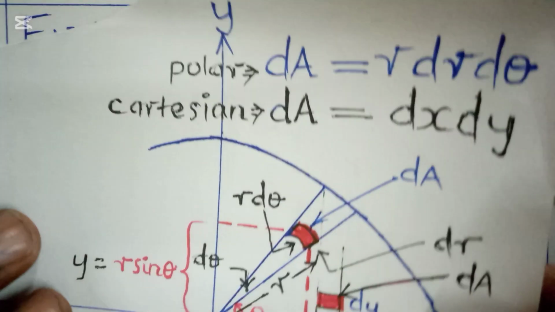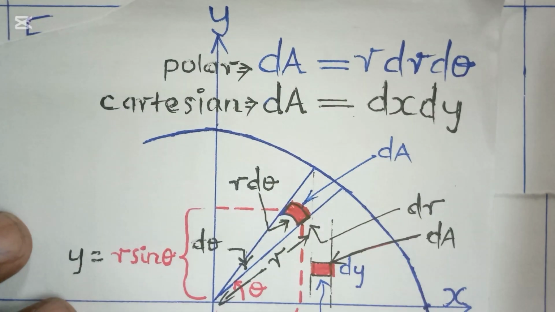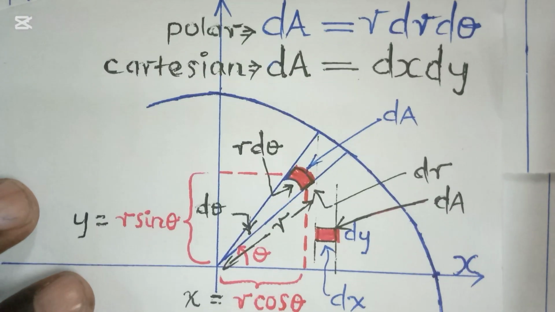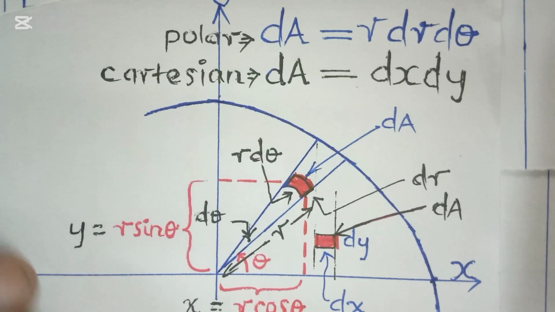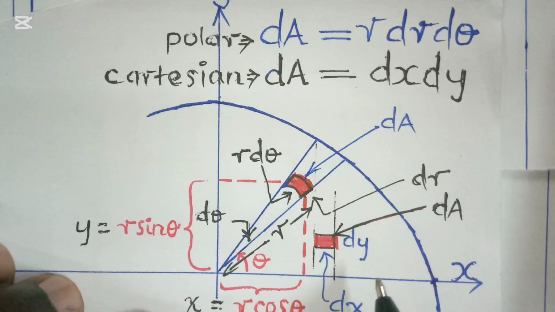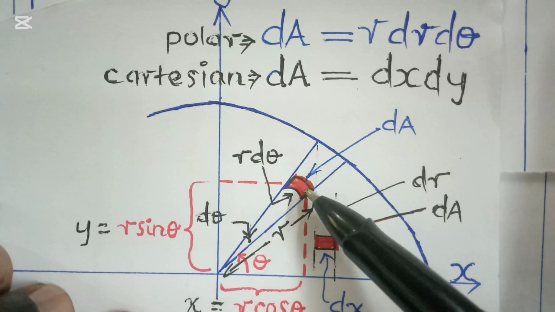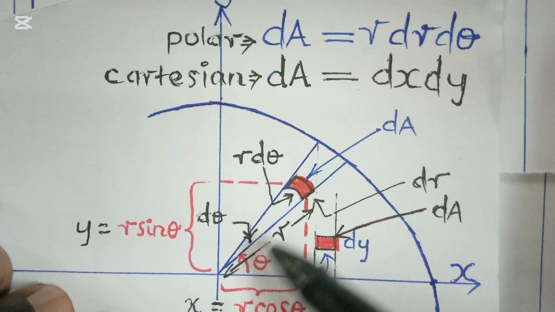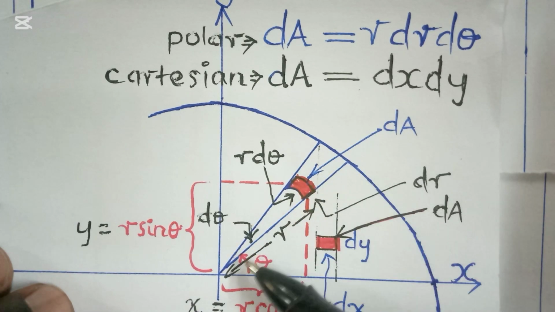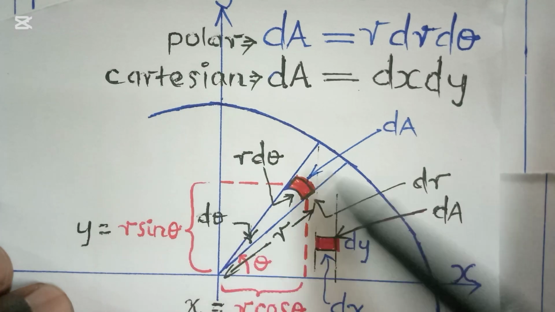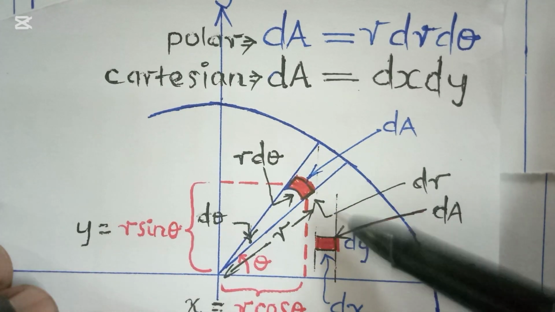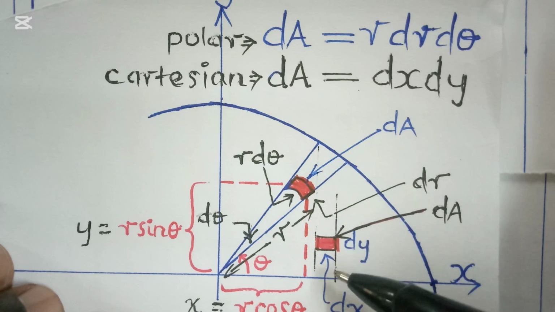Guys, we have here a diagram of how we could convert the polar coordinate to Cartesian coordinate. As you can see, we have the dA, which is subtended along the r, that is along the radius, and we have this one which is subtended along the y-axis.